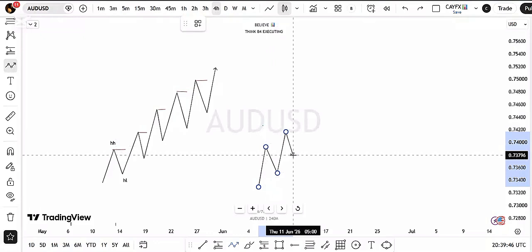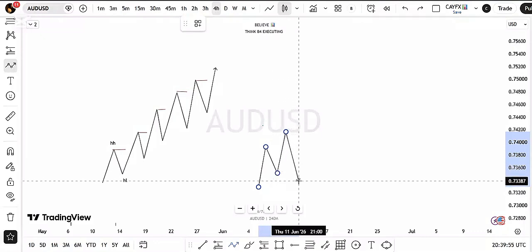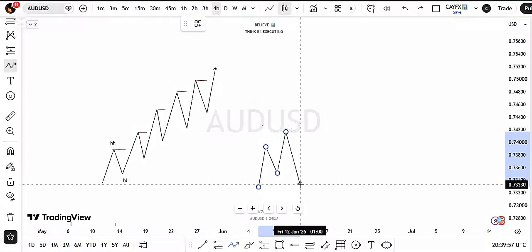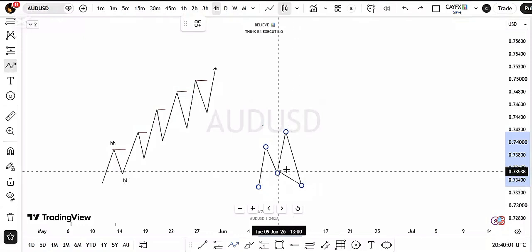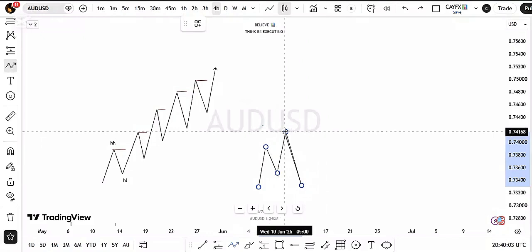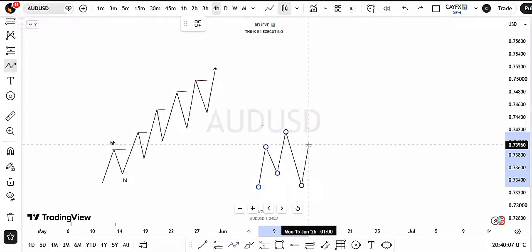Now in an uptrend, the market will not take out this higher low. Once the market invalidates it and pushes down, you are no longer in an uptrend market. The market is giving you a change in direction. Are you getting me?